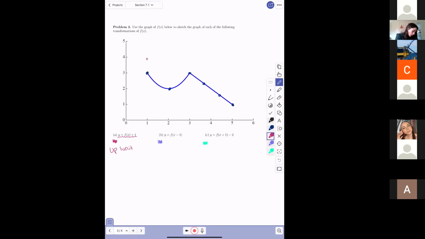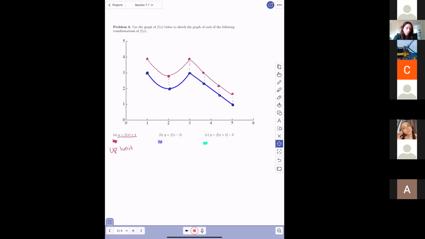So this gets moved to here, this gets moved to here, also gets moved to here, moved to there, that gets moved to there, and that gets moved to there. Then we could go ahead and draw the sketch of the graph. And that's our first transformation.